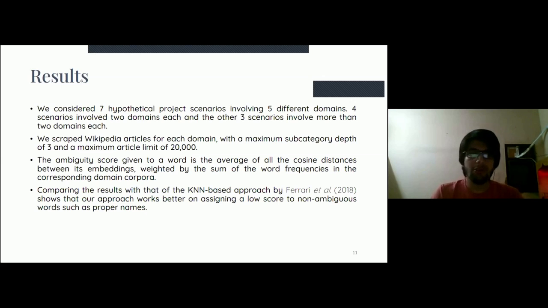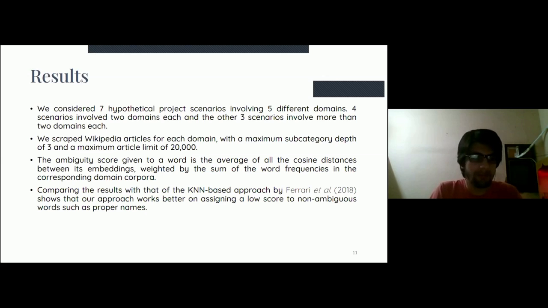And then to calculate the embedding score, let's say we have n number of domains. So for each target word, we have n number of word vectors. We take a weighted average of all these word vectors, and the weighting is such that more weightage is given to the word vector of the domain in which the word occurs more.